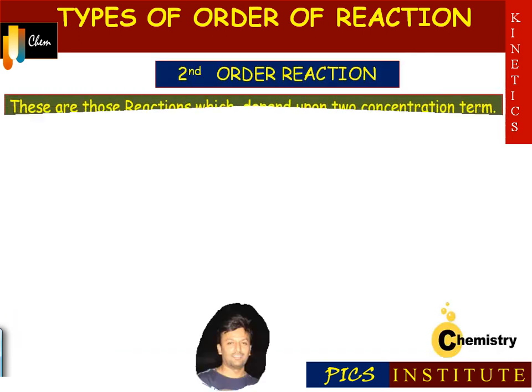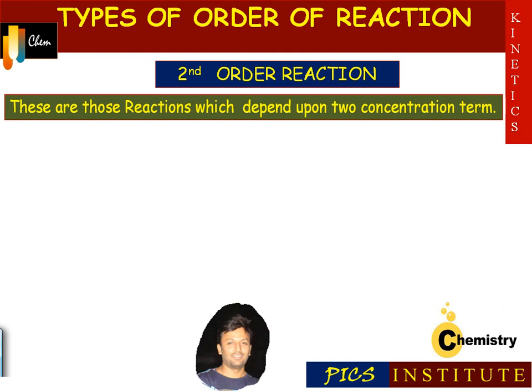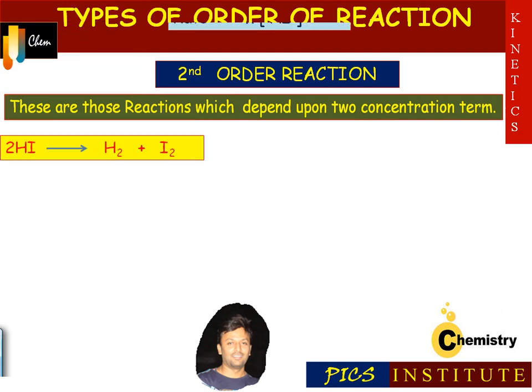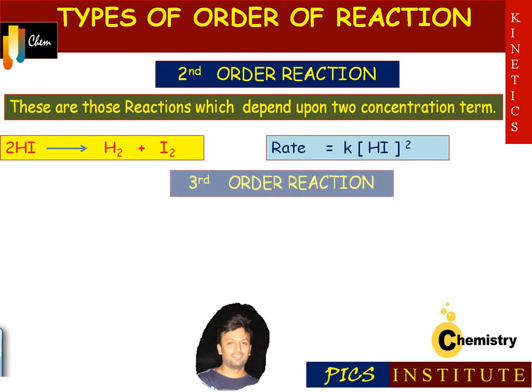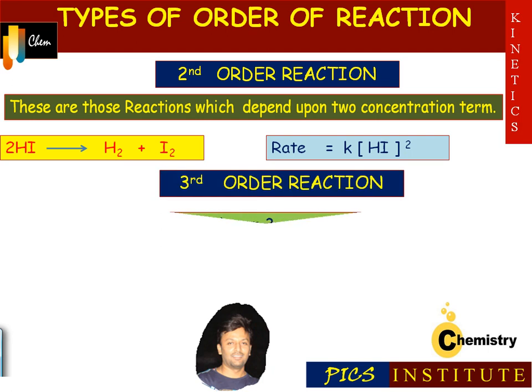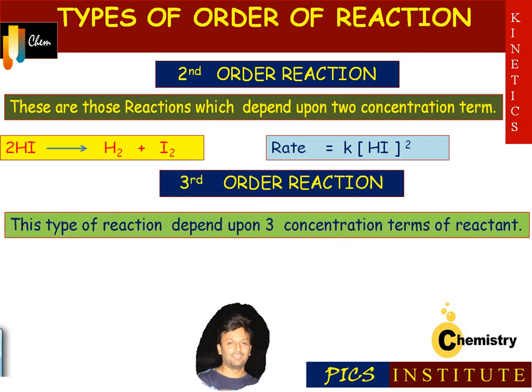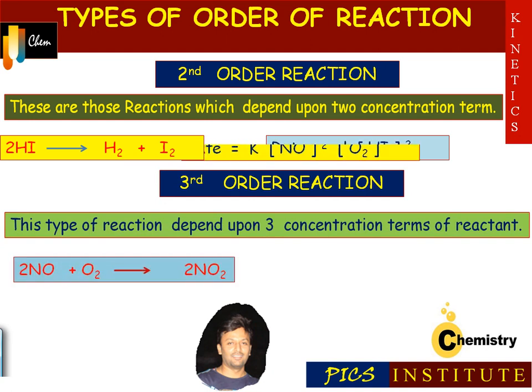Second order reactions are those reactions which depend upon two concentration terms, as we can see by the reaction and the rate law expression. Third order reaction depends upon three concentration terms, as we can see by the reaction.